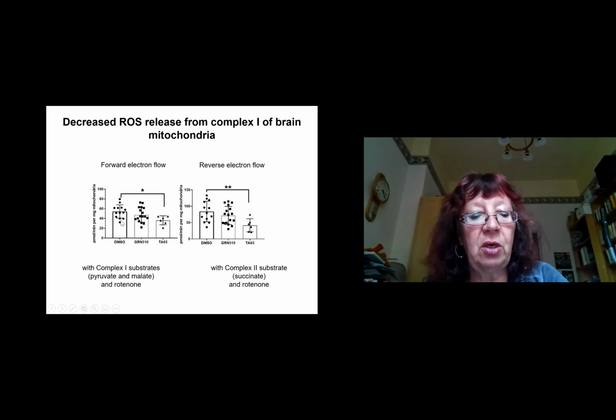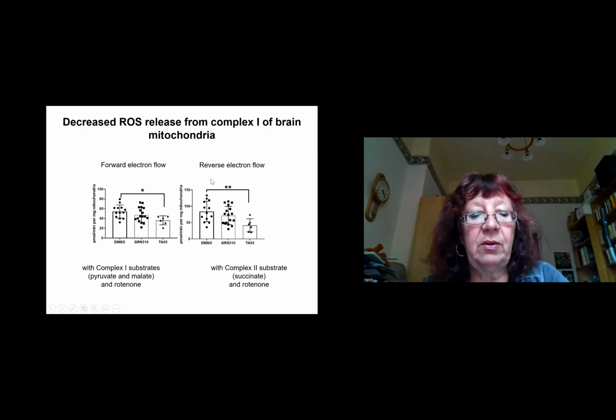And we measure electron flow, where we find now TA65 has an effect, and the reverse electron flow using different substrates for the mitochondrial respiration. And interestingly, here we only find TA65.